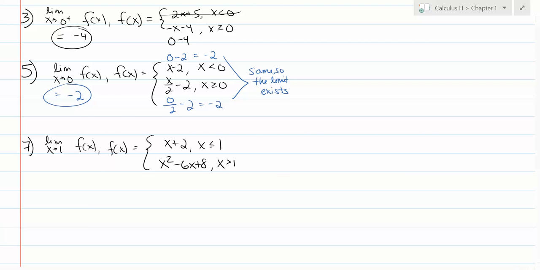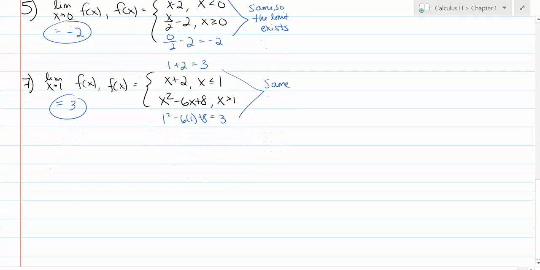We need to check that as we come from both the right and left hand side we are getting the same value. So I'm going to plug it in coming from the left and from the right. Again, they're the same, so the limit exists, and it's going to equal 3.